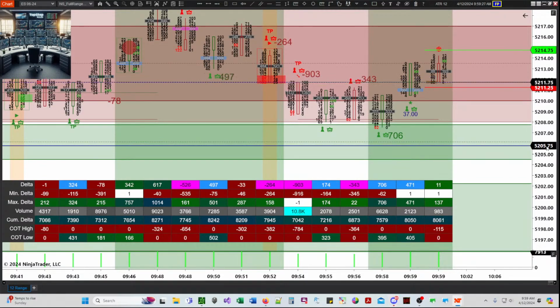Let's see if my computer is going to break into the lag effect.